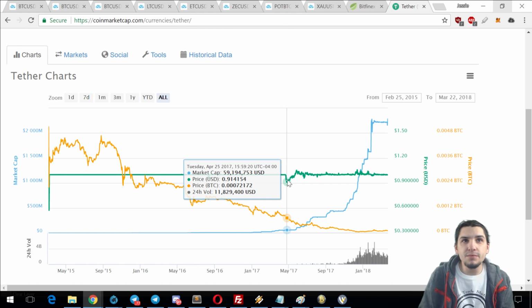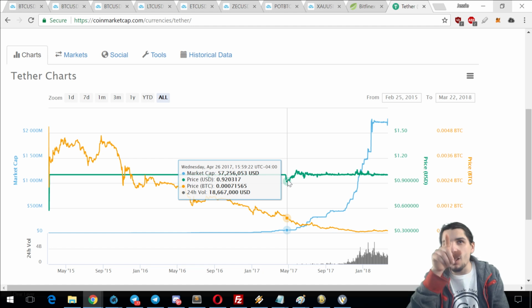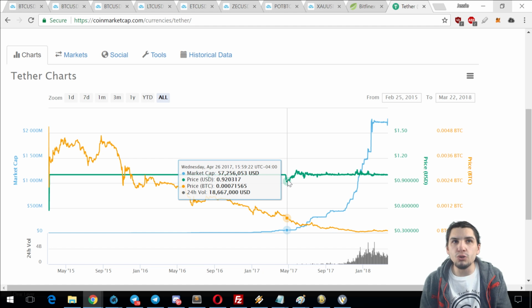So if USD Tether is always backed 1-to-1 by US dollars, how come here, where I'm currently selected, 1 USD Tether is only worth 92.0317 cents? Why does USD Tether fluctuate?